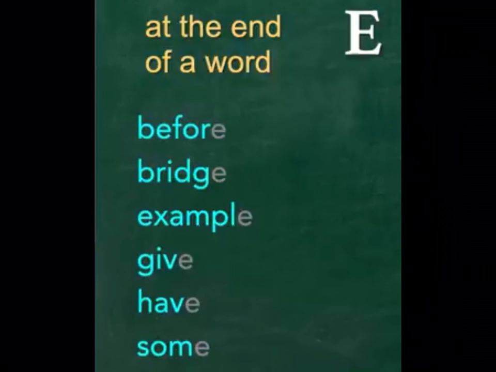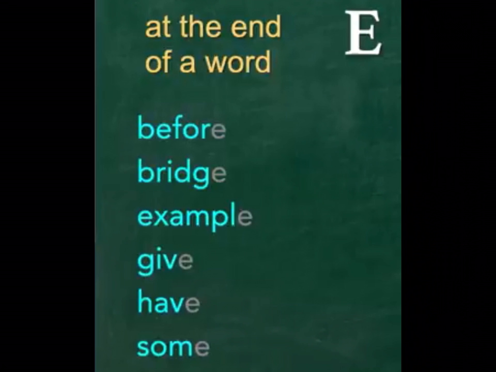Okay, now let's look at E. There are lots of silent E in English, as we know. Normally, if an E is at the end of a word, we don't pronounce it, like before, bridge, example, give, have, some.